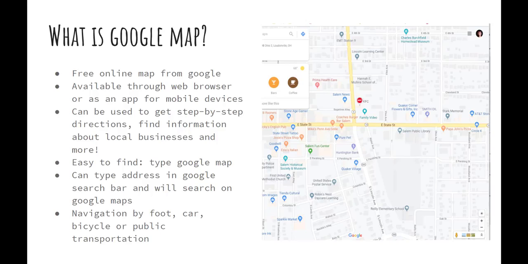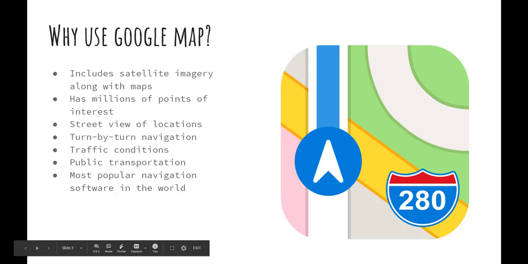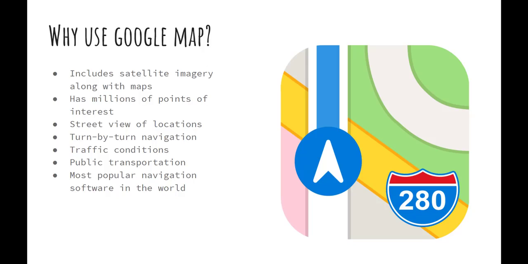You can choose navigation by foot, by car, by bicycle, or even public transportation. Google Maps uses satellite imagery along with maps, so that makes it nice to be able to see both versions. There is a street view of locations, where you can stand there and kind of look around to see what's in the area in real-time version.